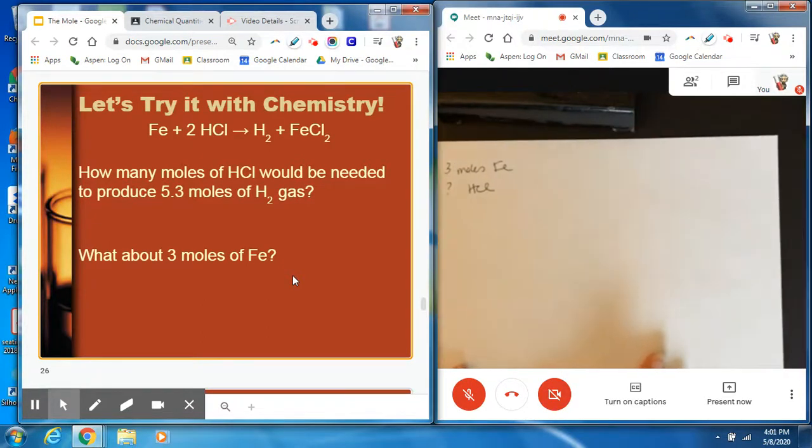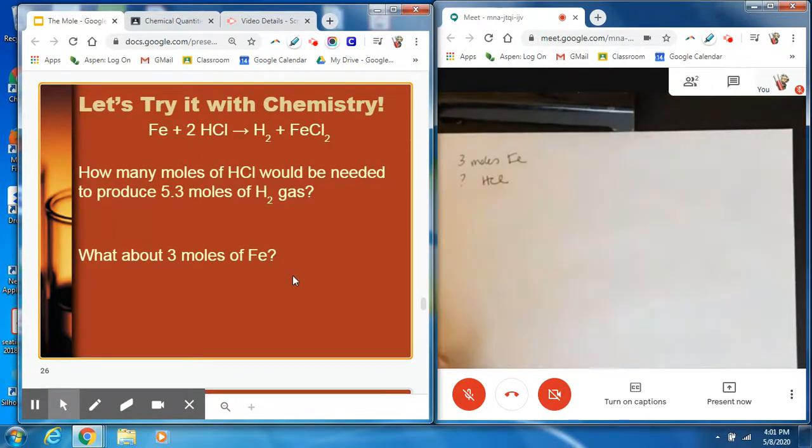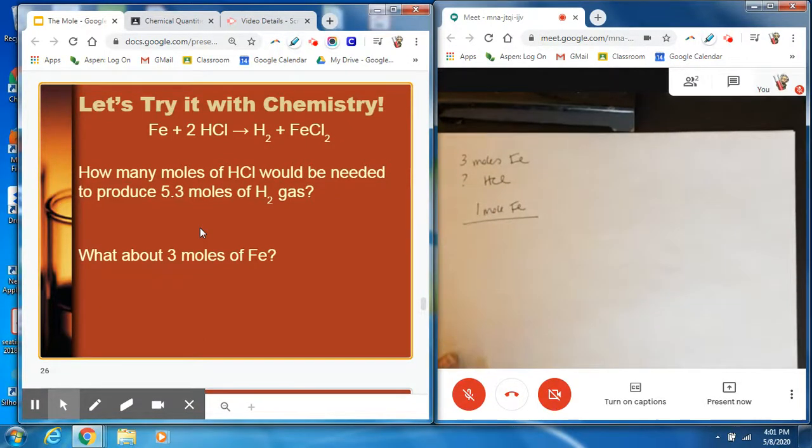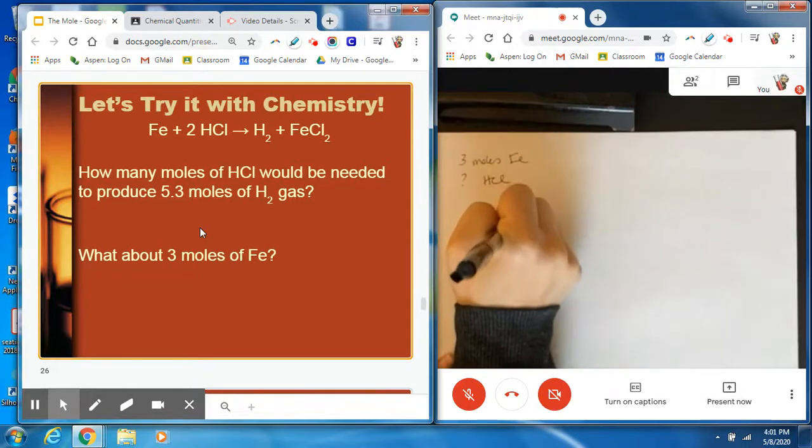So let's look again at their relationship. From the chemical formula, we see that if I had 3 moles here, I want to know how much of this I will need. So what is their relationship? They have a 2-to-1 relationship. For every 2 moles of HCl, I need 1 mole of Fe. So for every 1 mole of Fe, I need 2 moles of HCl.